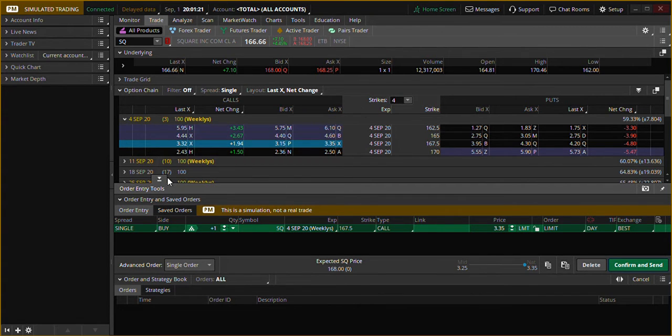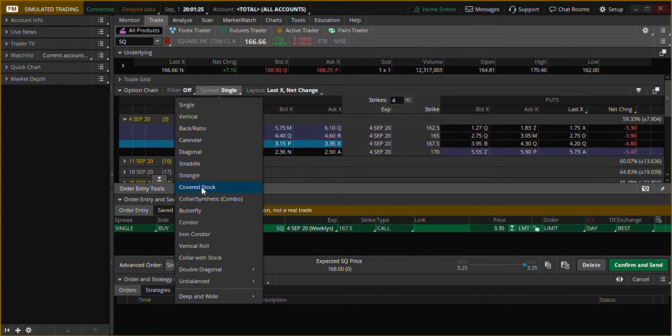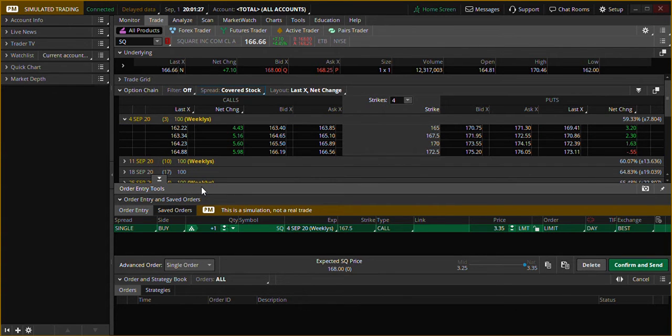Now if you're selling, we're going to change the single spread to covered stock, which basically automatically means that you're buying 100 shares and selling a contract. Well, 100 shares per contract. So you can buy multiple contracts, and then I'll just multiply hundreds of shares if you have that money. Anyway, we have 166 as the current price.